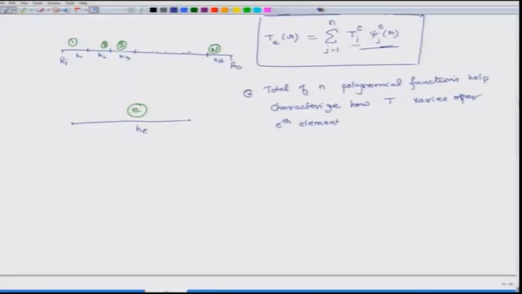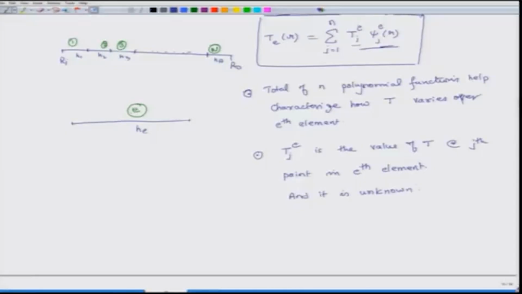And we had said that Tj is the amplitude of these polynomial functions. But another way to look at these is that Tj superscript e is the value of T at the jth point in the eth element, and why we can say this is, we will see it later, and it is unknown.